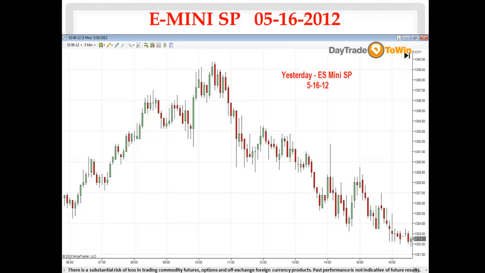If you look at this chart, it's pretty easy to see, yeah, I would have sold when it started to go down. I would have bought when the market started to rise. But where exactly would you have bought or sold? I always work on specifics.